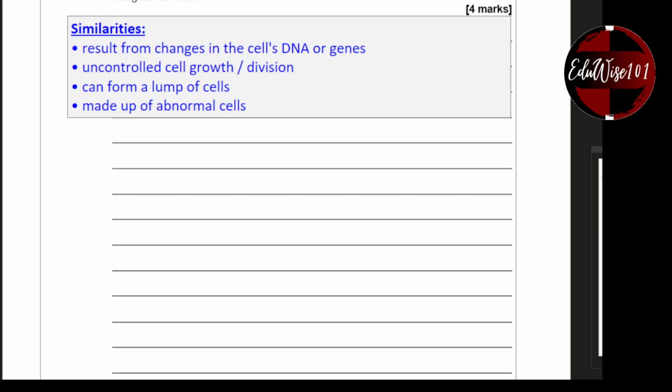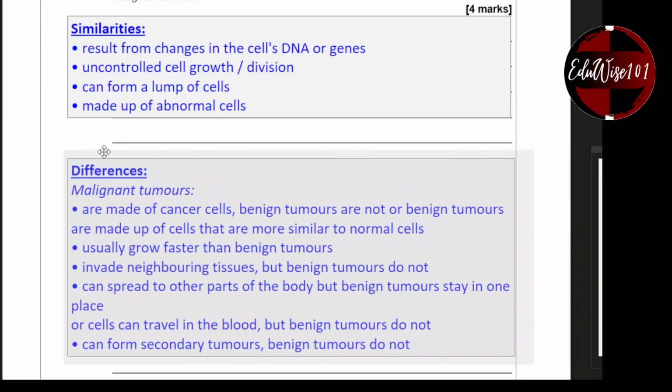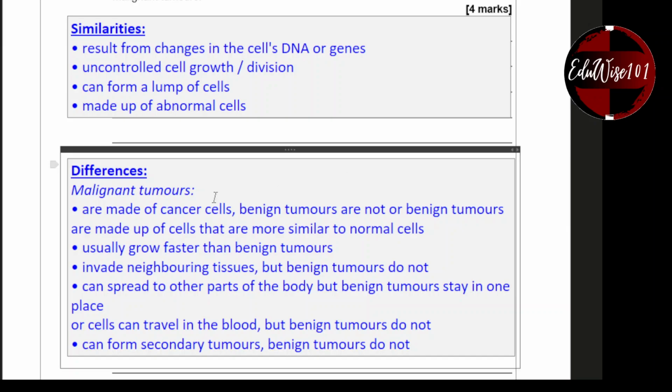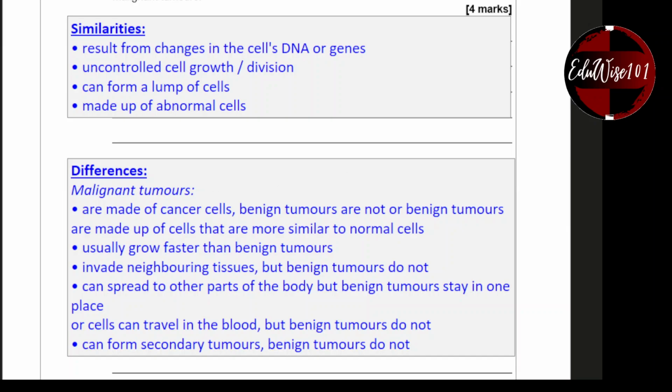Differences. Now let's compare the difference between malignant tumors and benign tumors. Malignant tumors are made of cancer cells. Benign tumors are made up of cells that are more similar to normal cells. Malignant tumors usually grow faster than benign tumors.